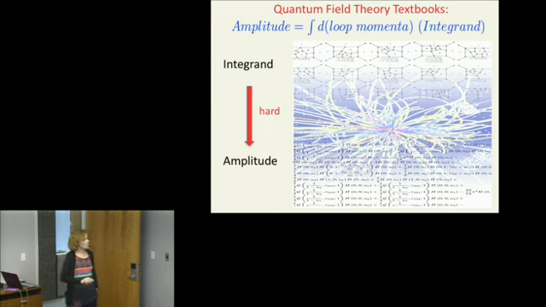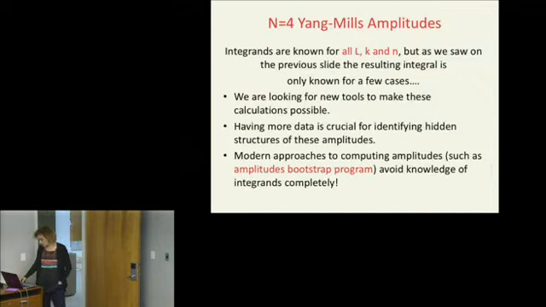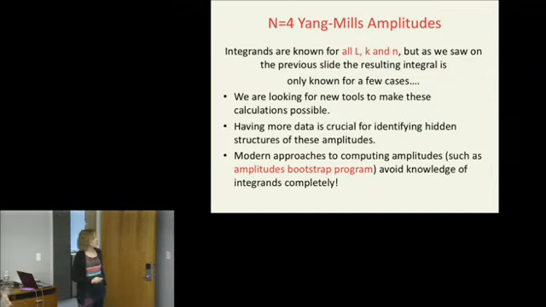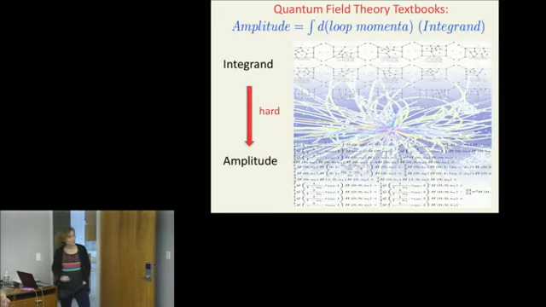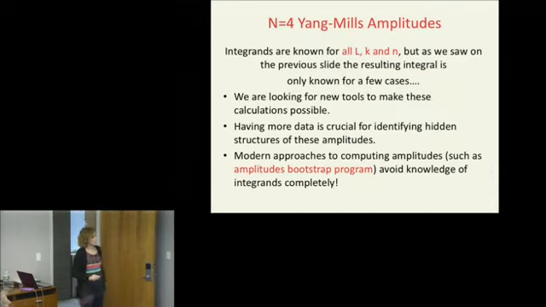Once you integrate, you start getting very, very complicated functions. The statement here is, I should have put references, that the integrands are known. For planar n equals 4, this part is known through the work of Nima Arkani-Hamed and others. These integrands are known for all loops and all n.